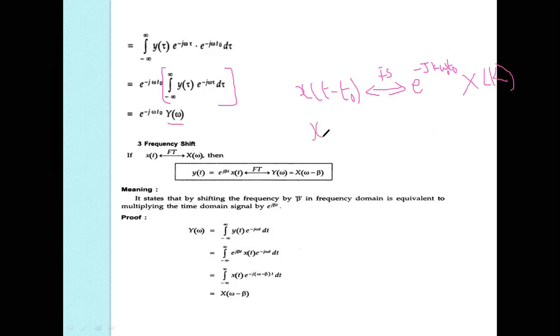Now for the Fourier transformation, x of t minus t naught is the Fourier transformation pair e power minus j omega t naught x of omega. See here, the k omega becomes omega, changing the Fourier transformation represented by using the Fourier series. Same thing. Instead of x of k, here it is x of omega. The symbol is different, one is for the Fourier series and the other is for the Fourier transformation. Nothing is different.